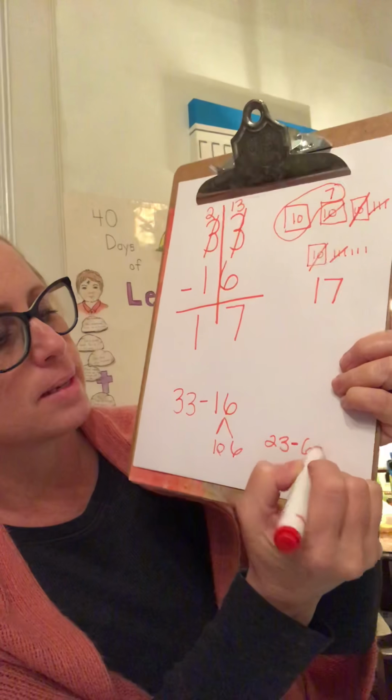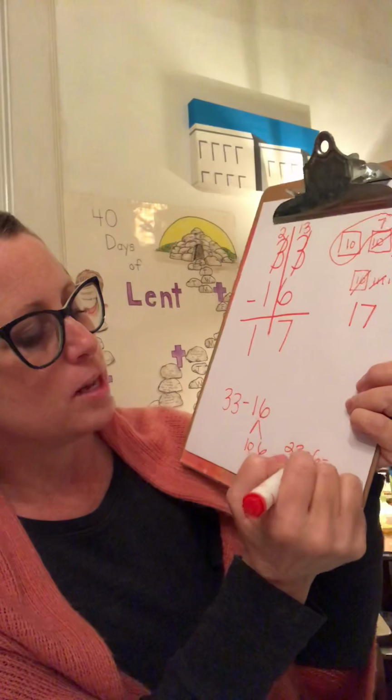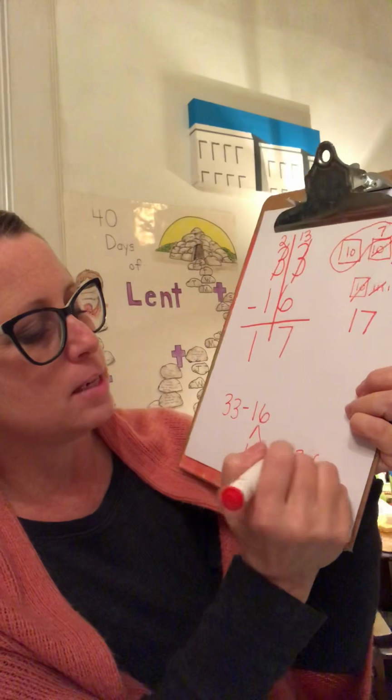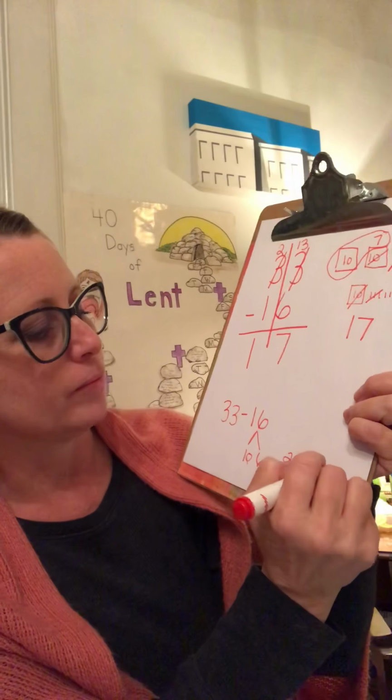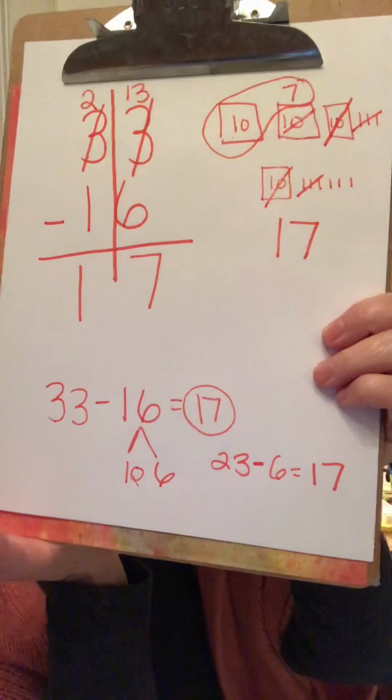Minus 6 is, and that breaks it down a little easier. So 23 minus 6 would be 20, 19, 18, 17. You get the same answer. Okay, so there's lots of different ways to go about that problem.